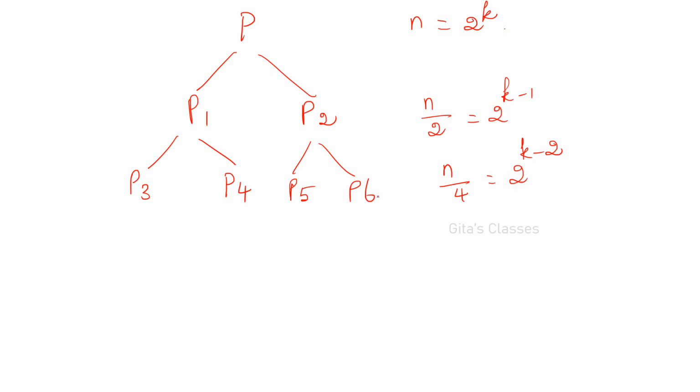If P3, P4, P5, P6 are small, you can solve them. Otherwise, subdivide again, for example P3 into P7 and P8. The size of these will be n/8, that is 2^(k-3), and so on. Till which step can you divide? Till you get all the values as 1, 1, 1, 1.